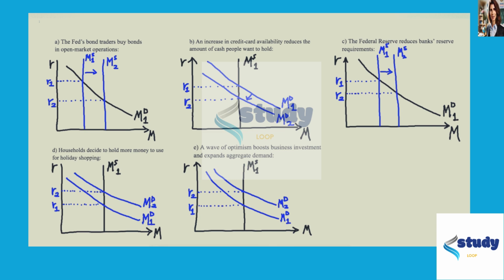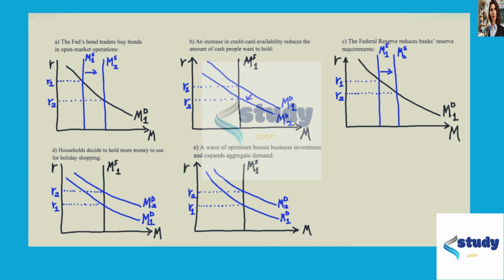There's a shift to the right. And since this intersects the downward sloping money demand curve at a lower point, our equilibrium interest rate will be lower. We move from R1 to R2. And of course, this makes sense since the buying of bonds in open market operations injects money into the economy, money becomes more abundant, and hence the interest rate must be lower.